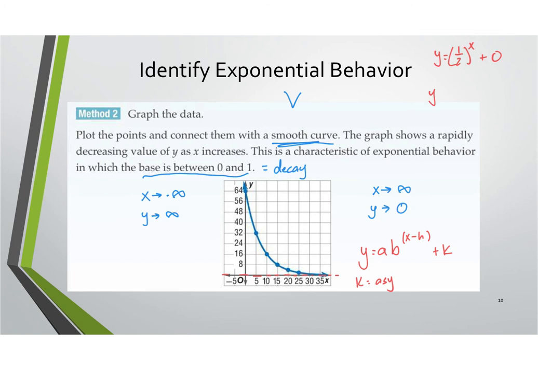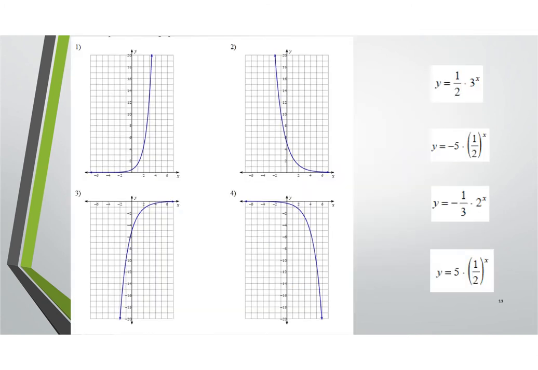Whereas if I were to have y = (1/2)^x - 5, now k is negative 5, and so my asymptote is going to be at negative 5. We'll get more into that next time, but what we're going to do now is identify graphs based on the equations.